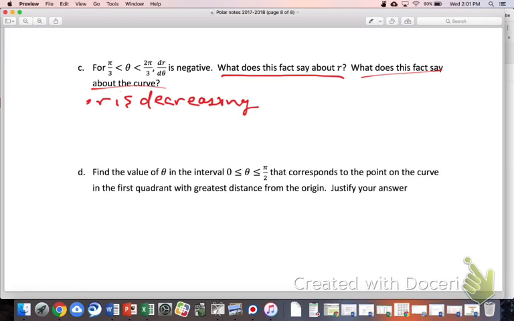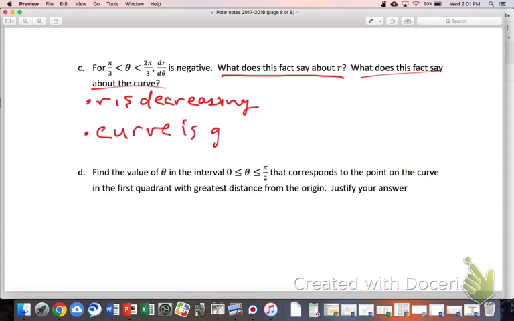If the radius is decreasing, then the curve is doing what? Getting closer to 0? Say something other than 0. Closer to the origin. To the pole. Or the pole, sure.